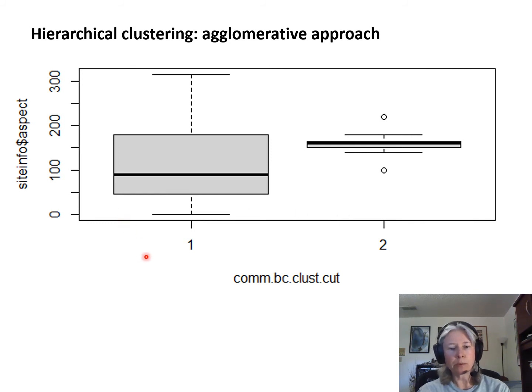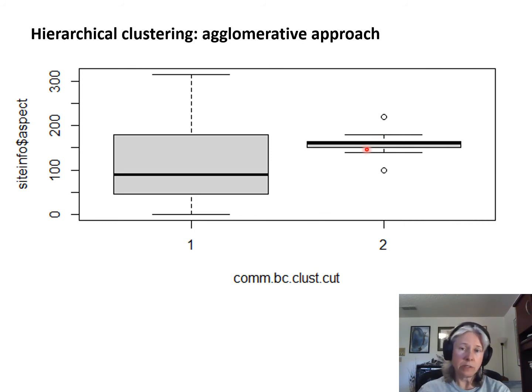And the way you interpret this is the clusters here, cluster number 1 were the mixed grass habitats, and cluster number 2, these were the fescue habitats. And so you can see here that the sites comprising cluster 1, the mixed grass sites, have a much wider range of aspects than sites that are fescue, which only occur at a few aspects.